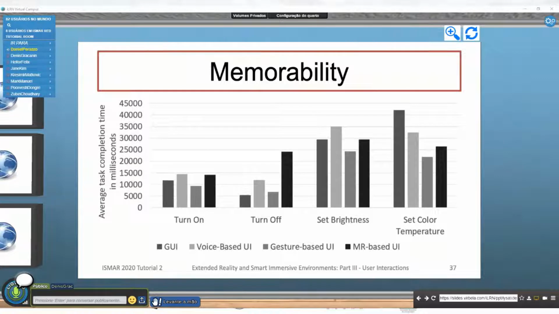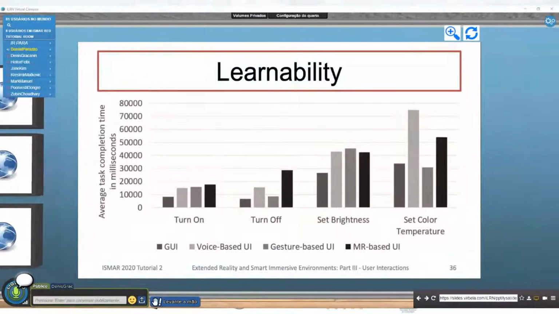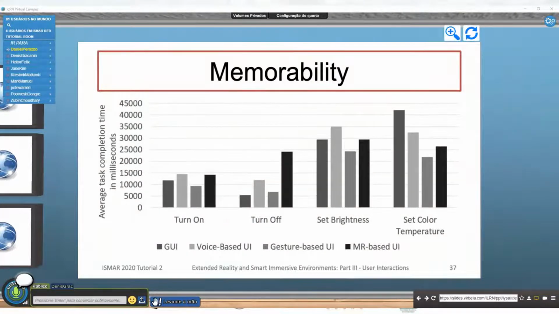When we look at memorability, we can then see what is the task completion time. We can now see that the differences are smaller, but there are certain changes that are perhaps unexpected, because now we are looking at the color temperature, that we actually have changes in terms of which modality performs better.